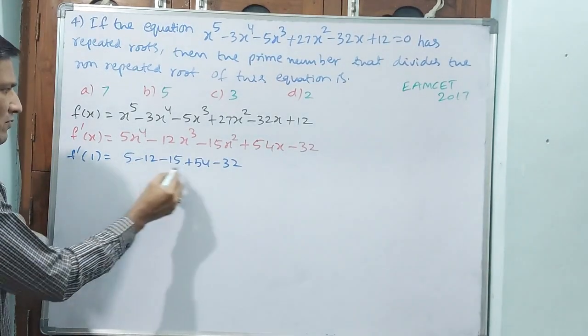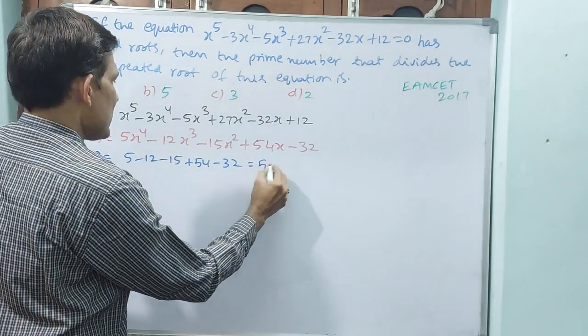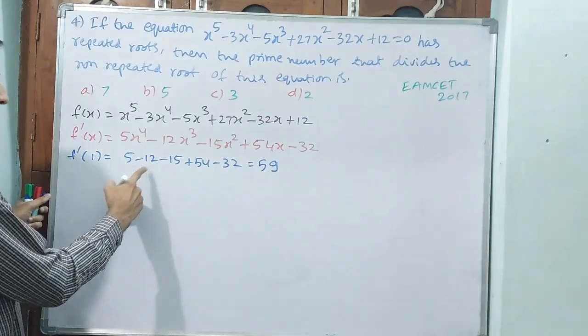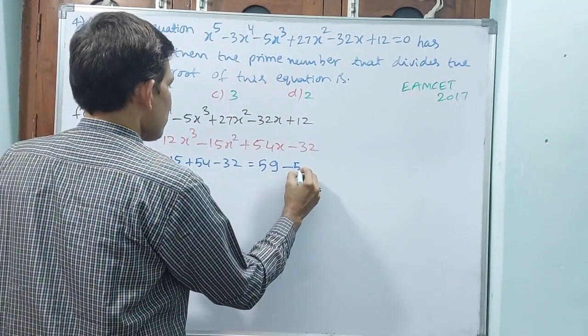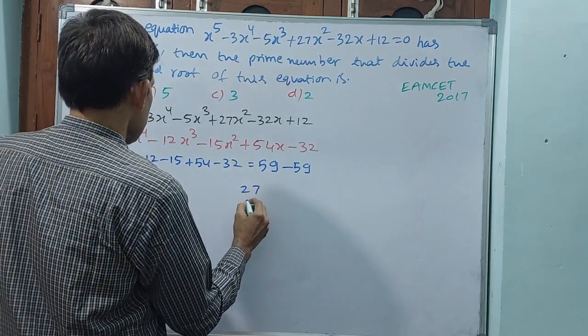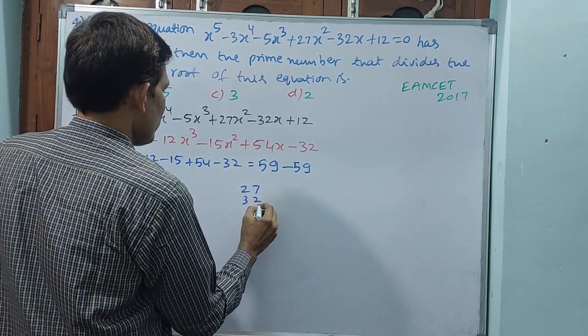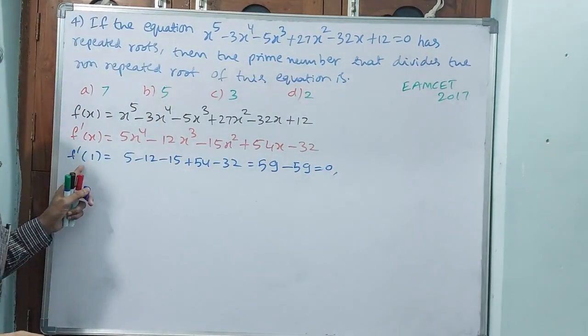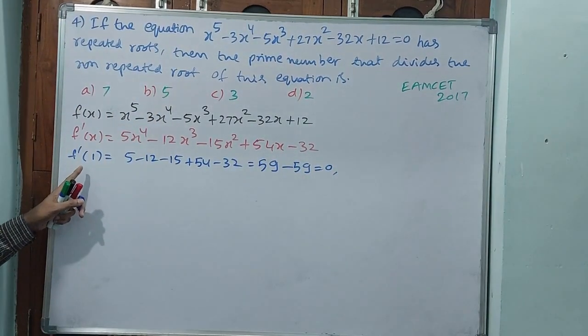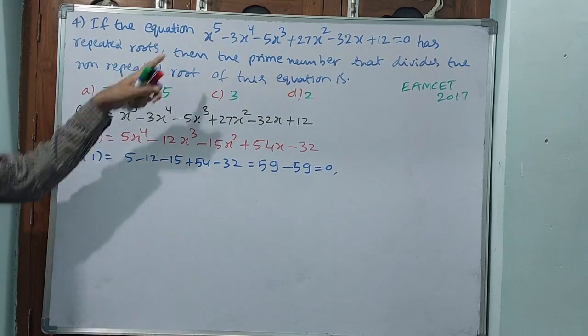See, 5 plus 54, 59 will come. And 27 minus 32, minus 5, so minus 59 will come. Okay. That means see, this is equal to 0.